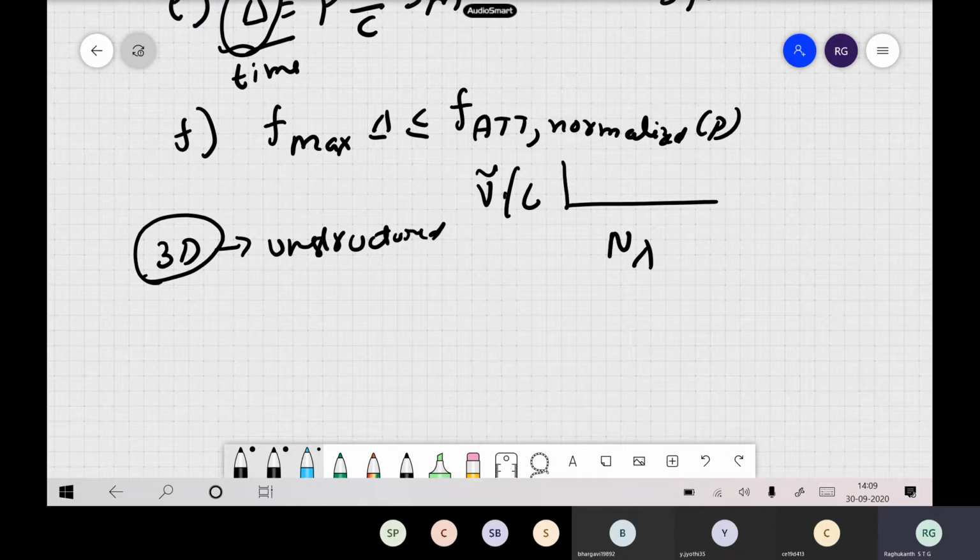Then how do we select this? And if you are having a layered medium, where material properties are varying laterally as well as with respect to depth, what velocity do you have to use? There are so many issues that come up in practice. So this is just an approximate guideline to avoid these difficulties.